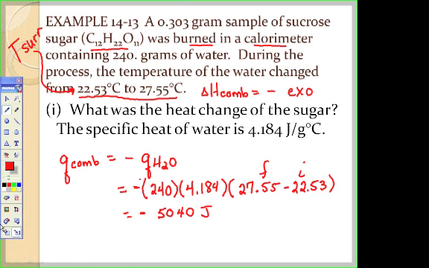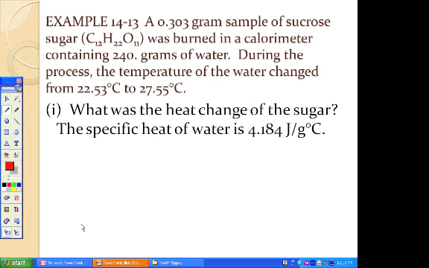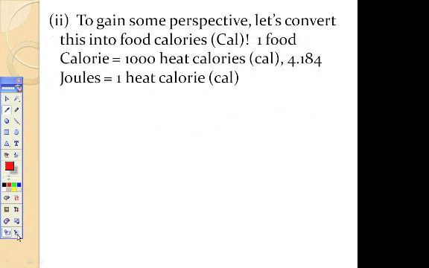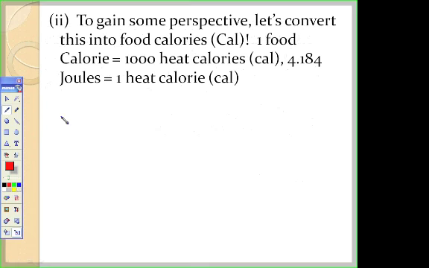Now, I want to get a little bit of perspective on that, so let's take a look at what that converts to in terms of food calories. So if we have 5,040 joules, and 1 calorie is going to equal 4.184 joules.